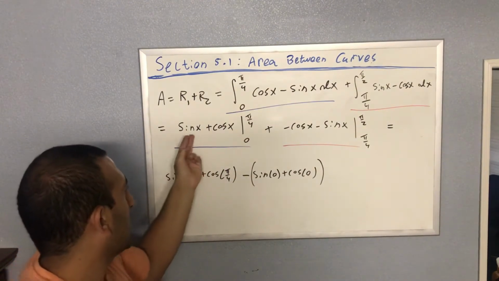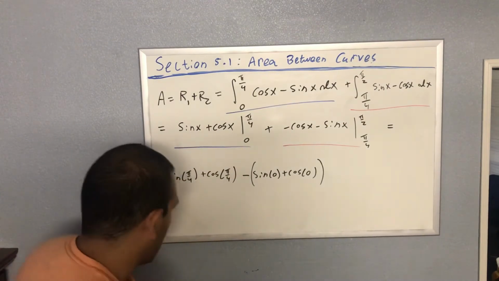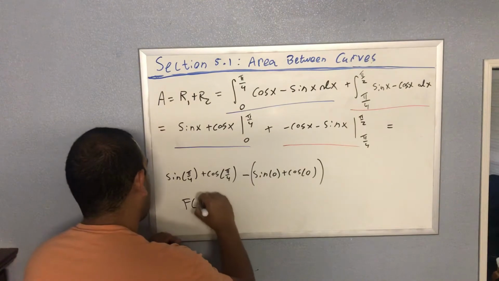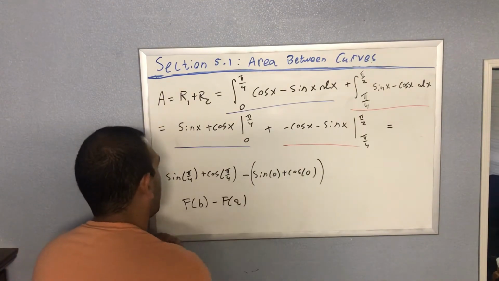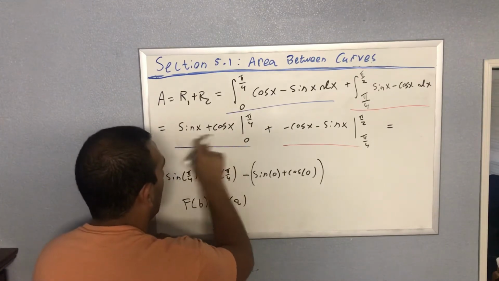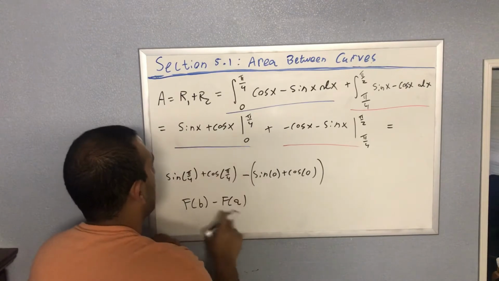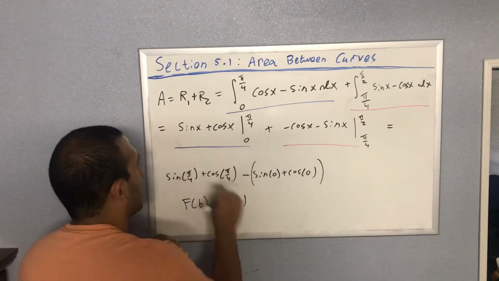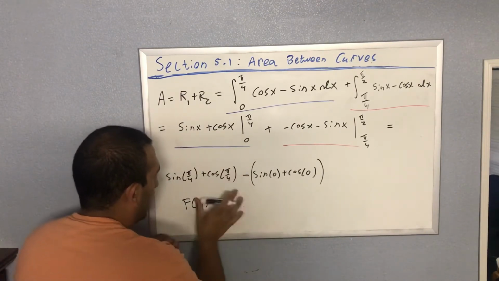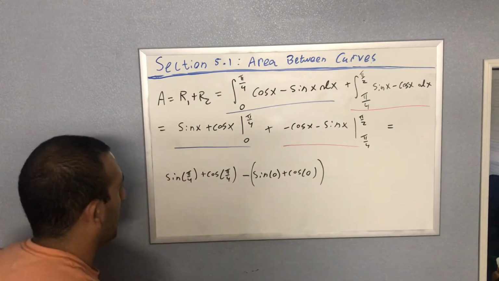It's two quantities being added to each other. So when we take capital F of B minus capital F of A, this whole thing is capital F. So you stick 0 into it, which is A in this case, and that whole number, whatever you get, you take the minus of that. So you have to be very careful that we put a minus in front of the whole quantity here.